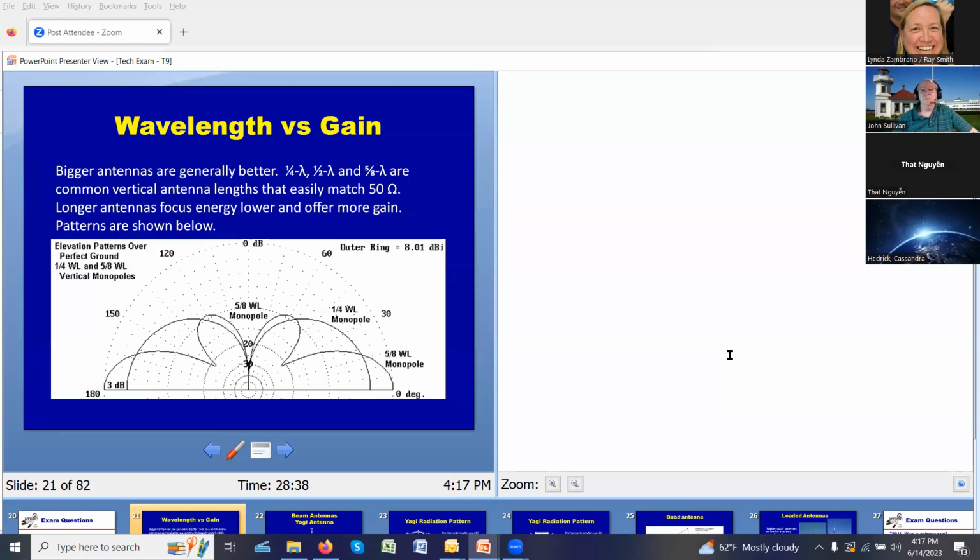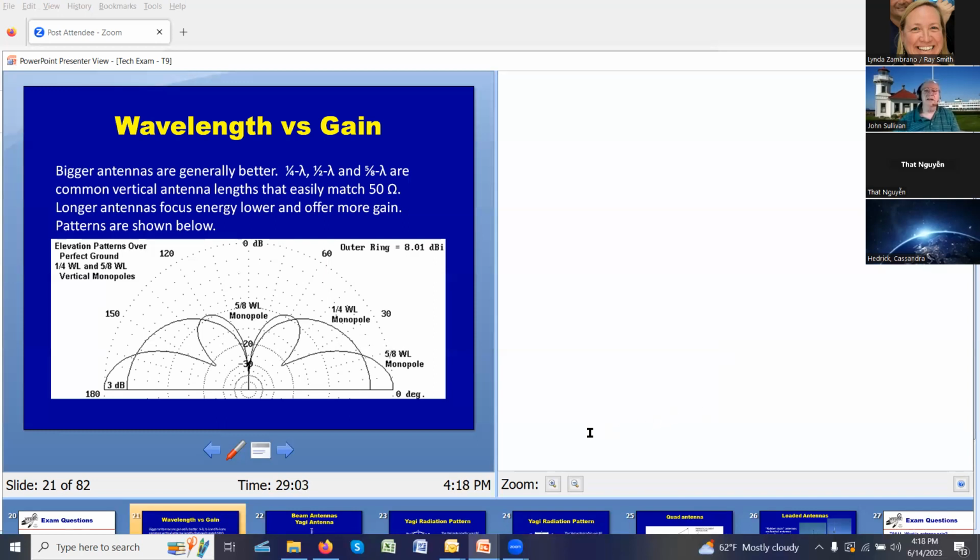Think about a balloon full of air. There's so much air in it, but if you squeeze that balloon, you're going to have less air in one area, but it's going to protrude out in another. So it's going to bulge out. That's the concept we're looking at with gain. We're focusing power in one direction at the expense of the other directions.